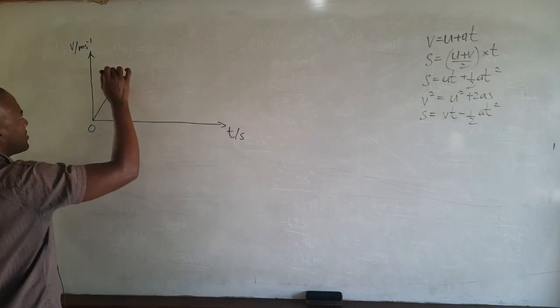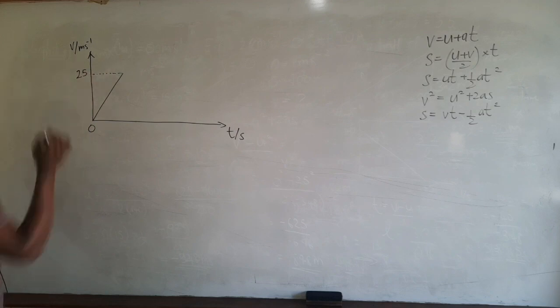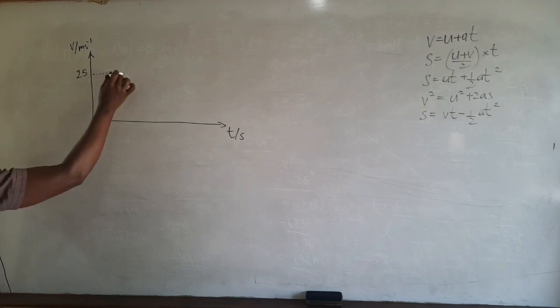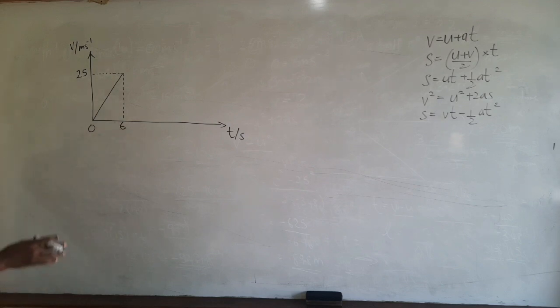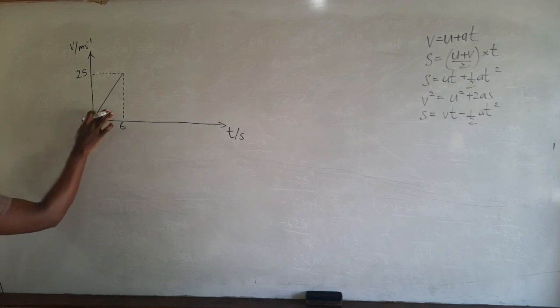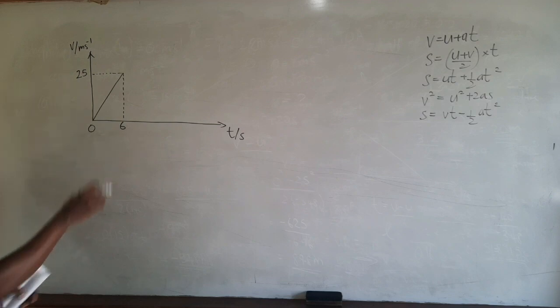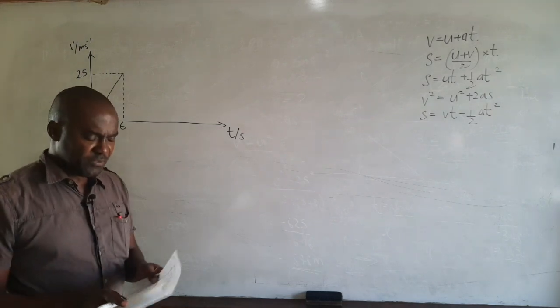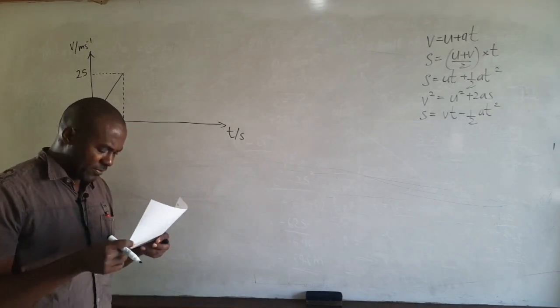So let this value here be 25, and it would have taken a time of 6 seconds, right? So this shows the sports car accelerating from rest uniformly to a velocity of 25 meters per second in a time of 6 seconds.